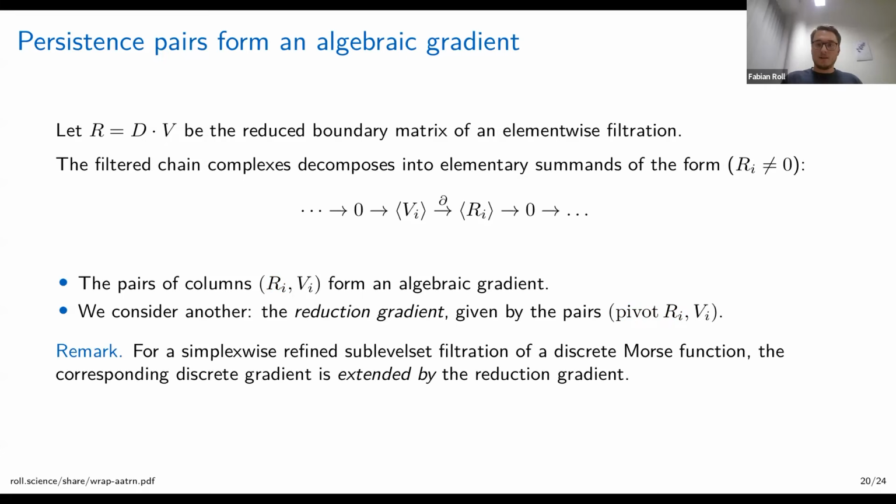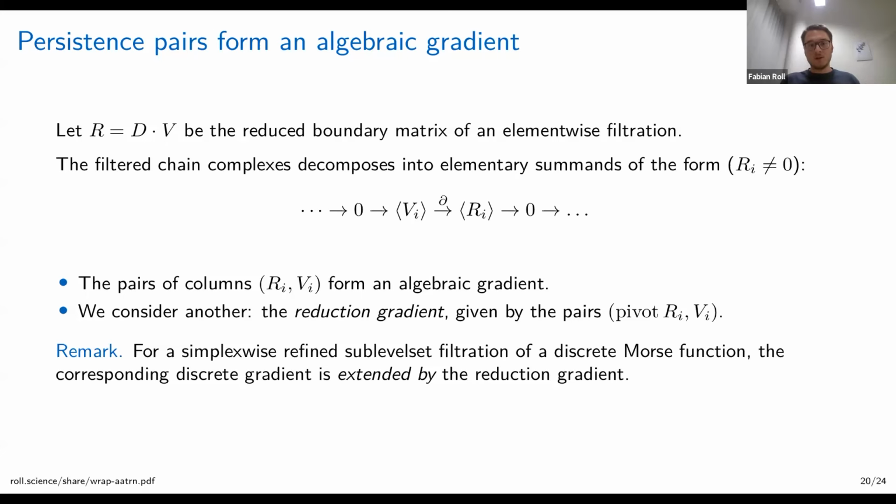And you can also make this a little bit more precise. The remark goes as follows. Say you have an ordinary discrete Morse function, so not a generalized one, just an ordinary one. And you consider the corresponding sublevel set filtration. Then you can simplex-wise refine the sublevel set filtration, and you can consider the reduction gradient for that.